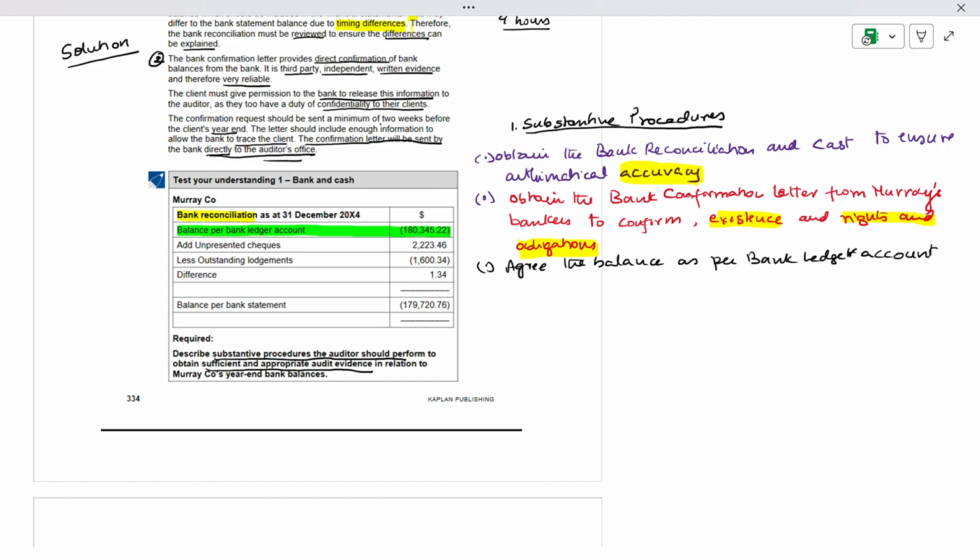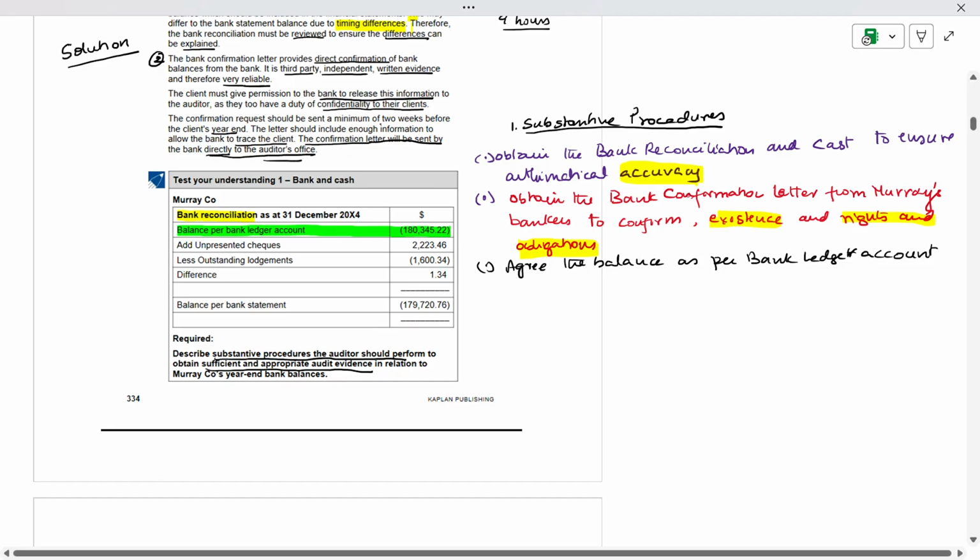Where are you agreeing? As per the bank statement. Here we have mentioned very clearly the bank balance as per the bank ledger account. We will agree the balance as per the bank's ledger account on the reconciliation statement.